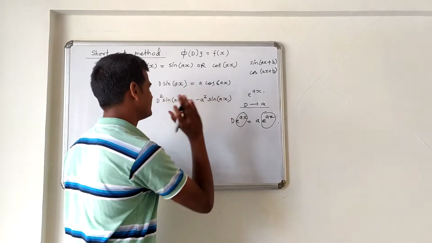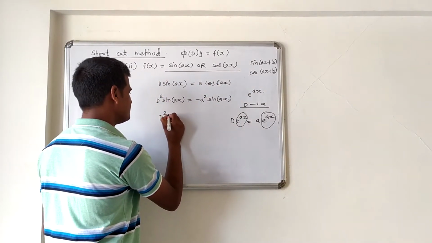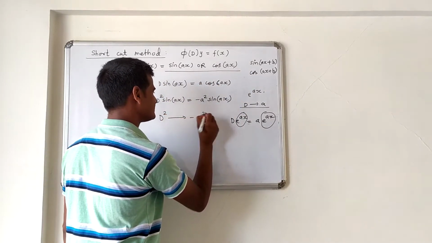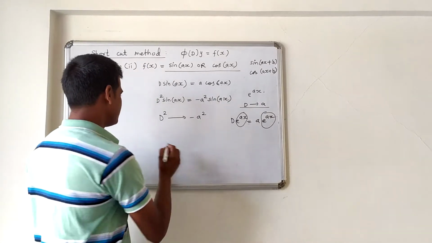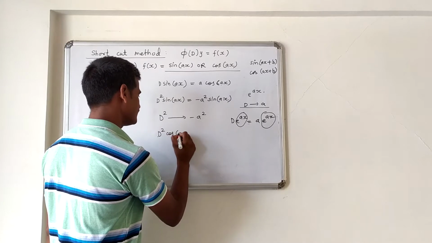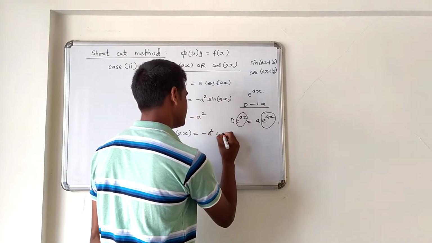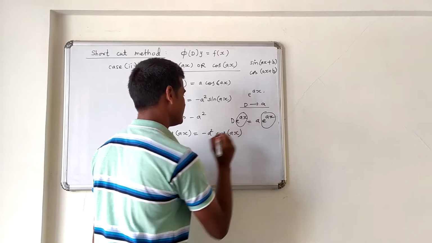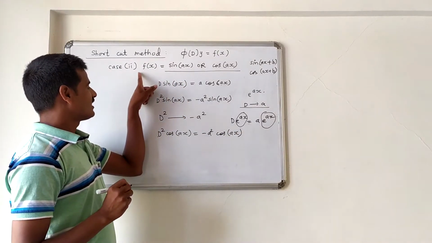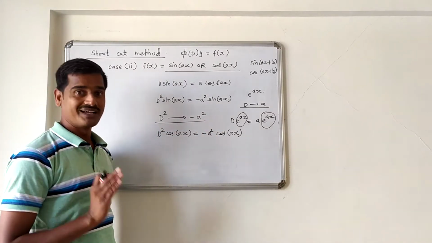And due to this reason, in this second case, you are allowed to replace D square by minus a square. Same thing also happens with cosine function. You just verify D square of cos of ax is equal to minus a square cos of ax. So in second case, our focus is to replace D square by minus a square.